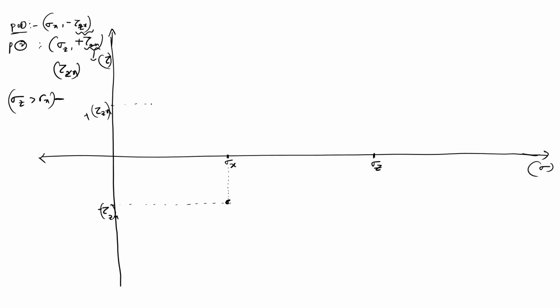In positive tau zx, this is point 2, and this is point 1.